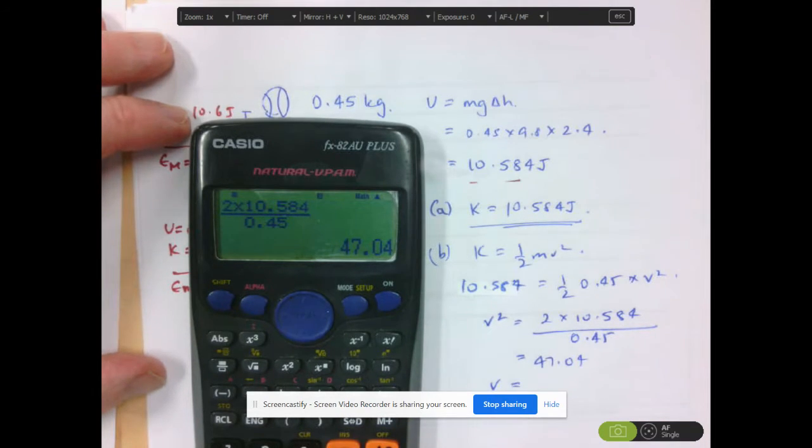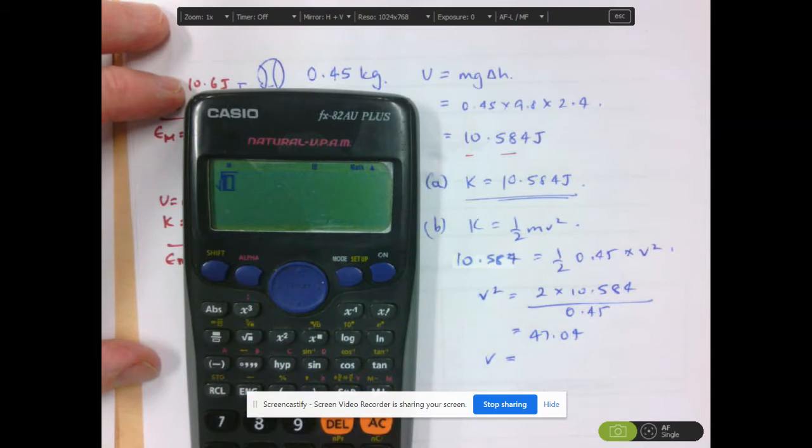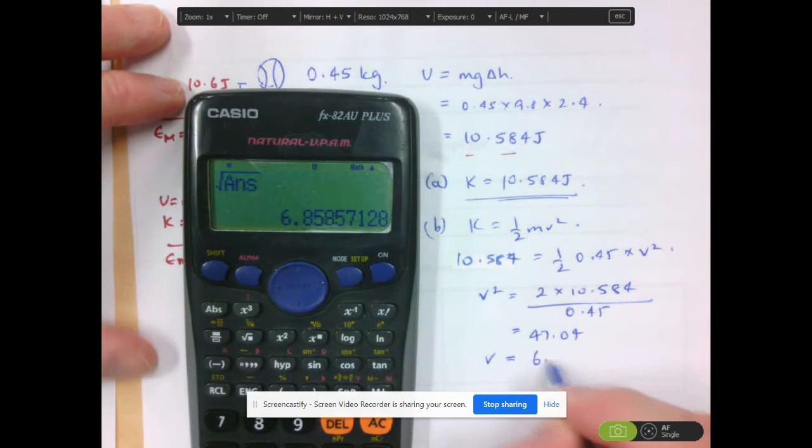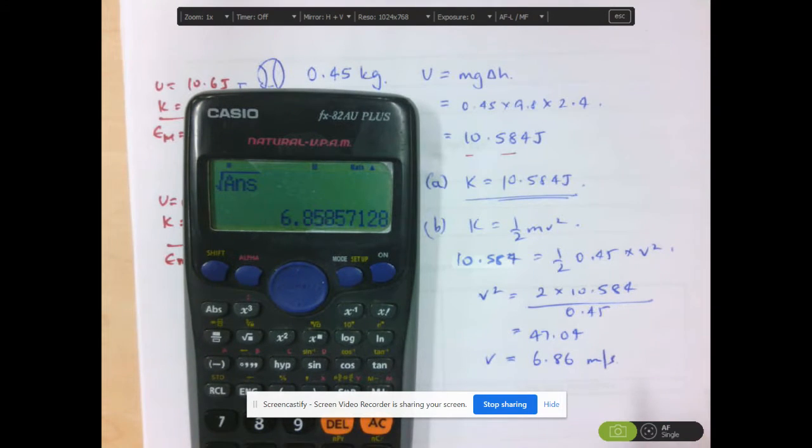And square rooting, we get v equaling 6.86 meters per second, which I think in the answers I've rounded to 6.9 meters per second.